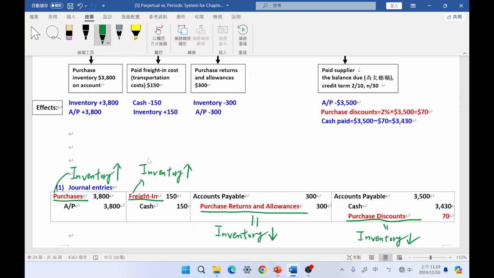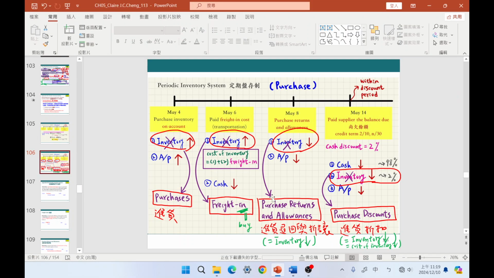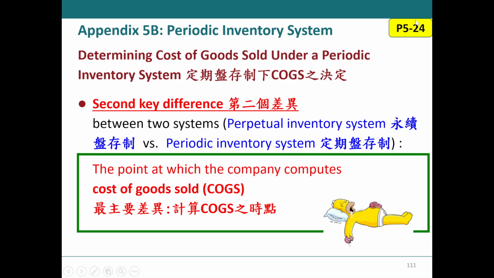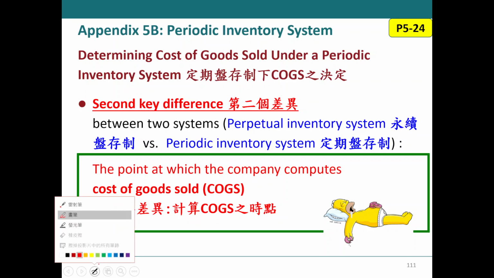Right now, we go to sellers. The key difference for sellers. On your slide page 111, our key difference is cost of goods sold, right? So when we sell the products, the key difference is cost of goods sold.